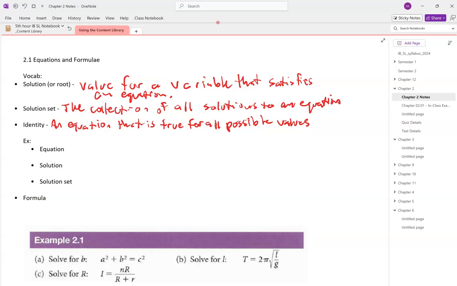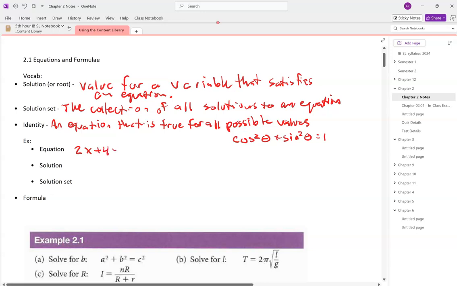A classic identity that we're all familiar with from last year: cosine squared theta plus sine squared theta is equal to 1, right? Like for any values of theta, it's always equal to 1. So as an example of an equation, say we have 2x plus 4 is equal to 8.